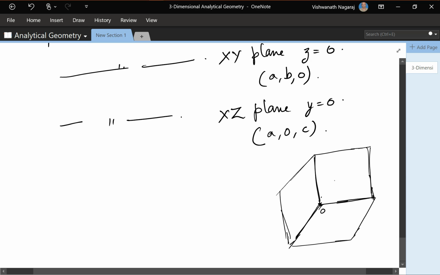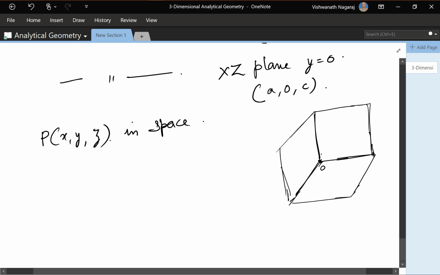As we have seen, a point, let's say x, y, z in space, right? See, the moment you see the word space, understand that it's going to be a three-dimensional coordinate system. Now, when we talk of a point, yes, one way of referring to it is by talking in terms of x, y, z coordinates. The other way of looking at it is using vectors, or in terms of position vector, right?